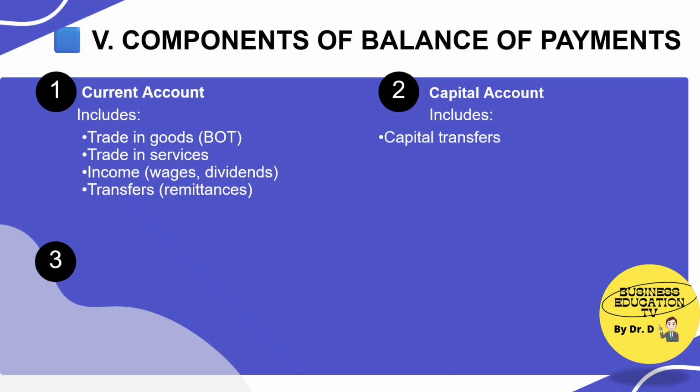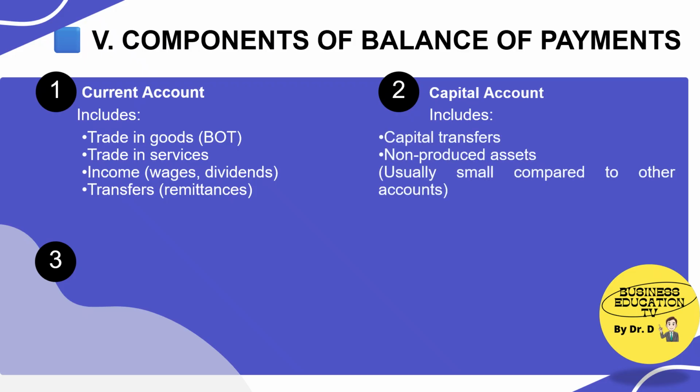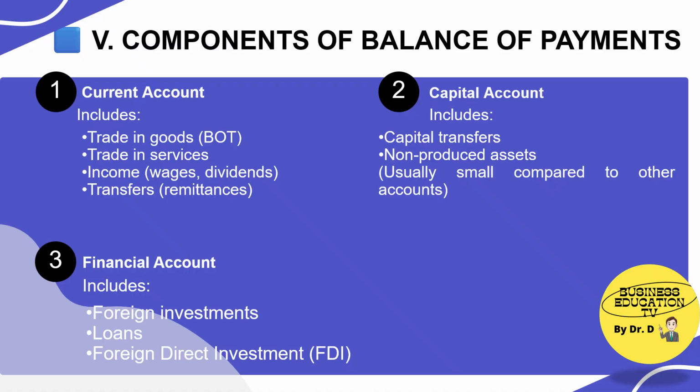It includes capital transfers and non-produced assets, which is usually small compared to the other accounts. And the last one is the financial account, which includes foreign investments, loans, and foreign direct investments.